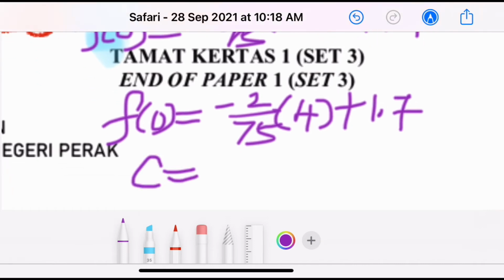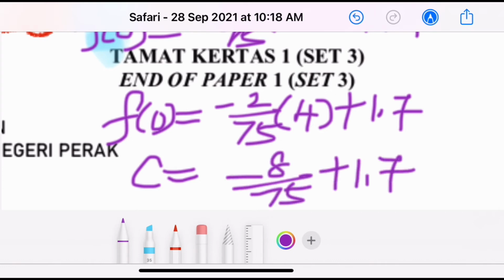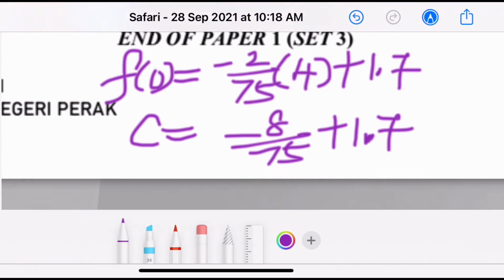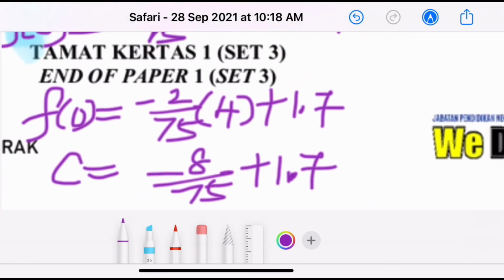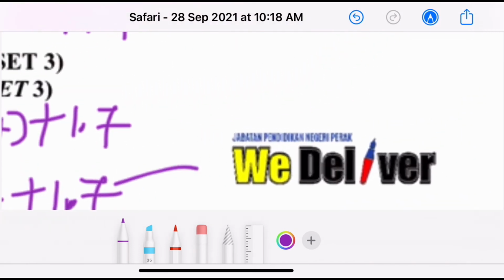You can write c is negative 8 over 75 plus 1.7. So let's plug into the calculator: 1.7 minus 8 over 75. The answer is around, if we round off correctly, 1.59.